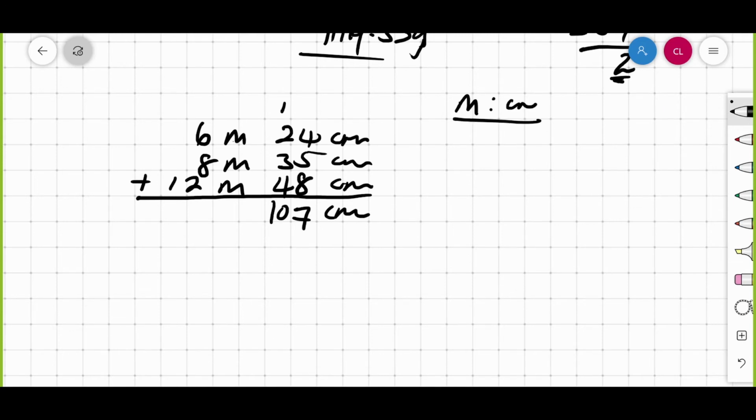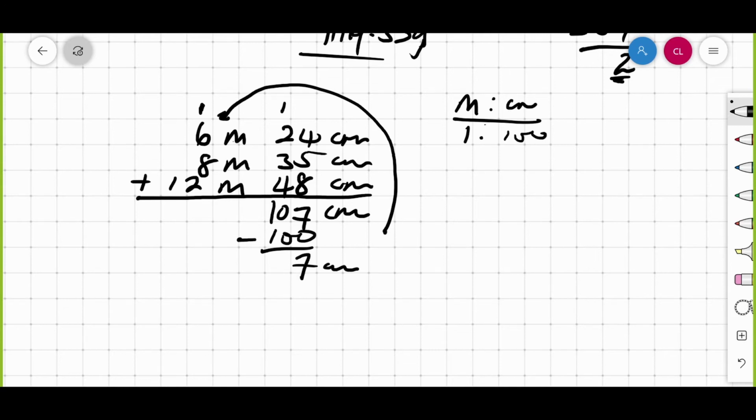We understand that the ratio of meter to centimeter is 1 to 100, so if I have 107 centimeters, I can take out the 100, and this is now 1 meter, and add it to this side. Then I have 7 centimeters on this side left.